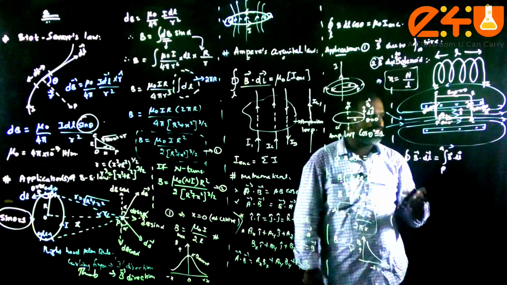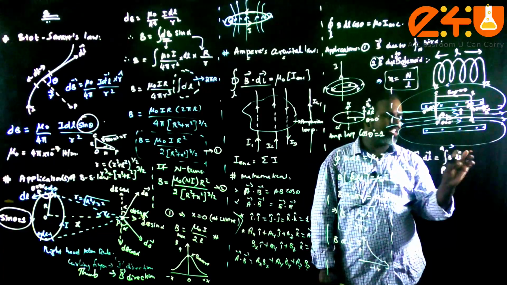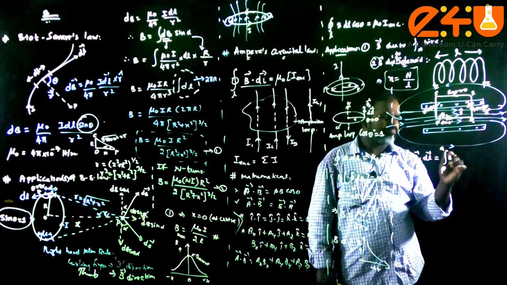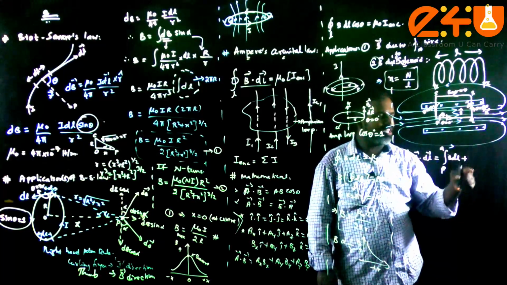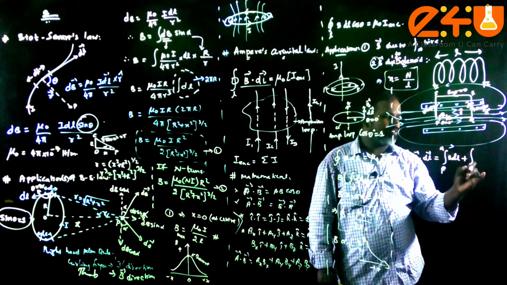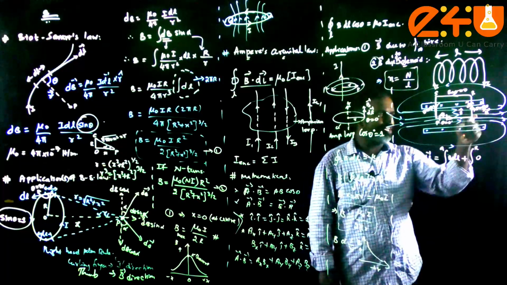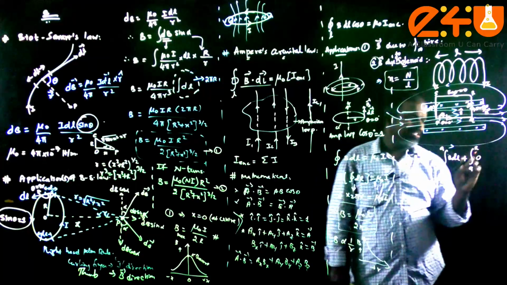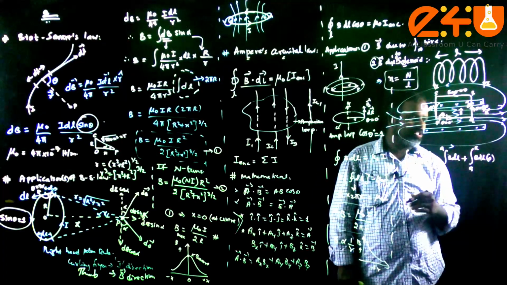Here cos 0 is 1. Therefore I can directly write this as B dl, plus, here cos 90 is 0. Therefore the dot product from Q to R will be 0, because B dl cos 90 is obviously 0.